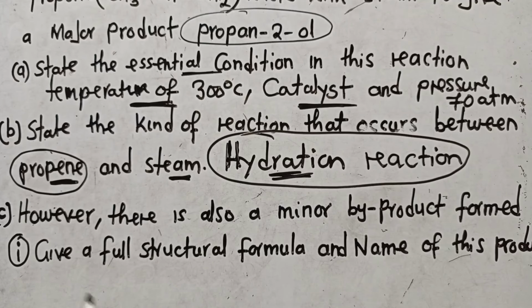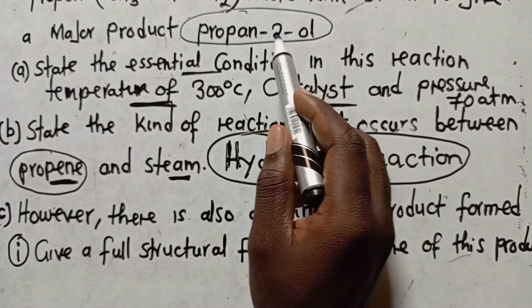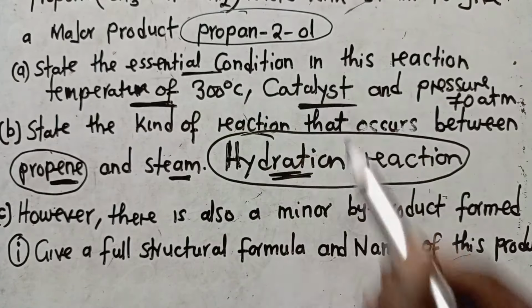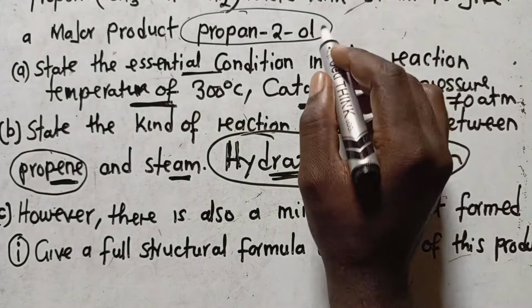We've got this question that says, however, there is also a minor byproduct formed. How come we've got a major and a minor product? The first one formed, propan-2-ol, is the primary or major product.